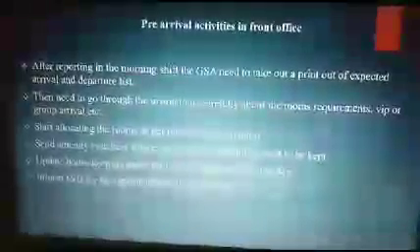Now we will move to this topic: what we need to do, what are the activities involved in the front office. As a front office GSA, like a front office assistant or guest service associate, when you are reporting in the morning shift, you need to take a printout of the expected arrival and departure list.